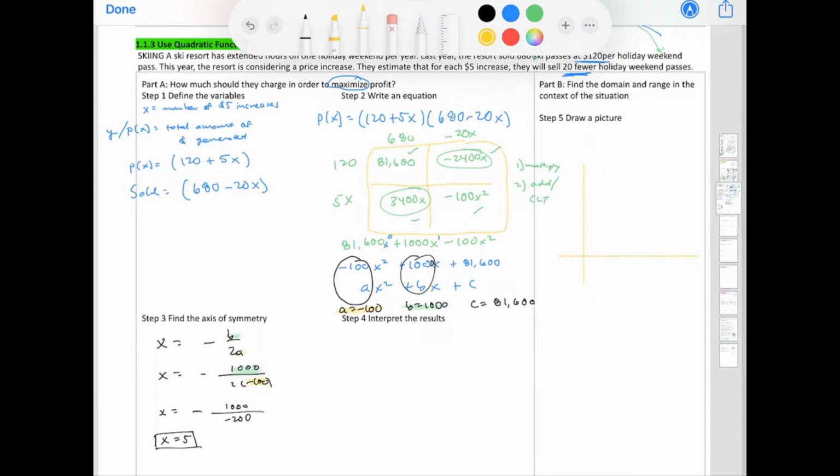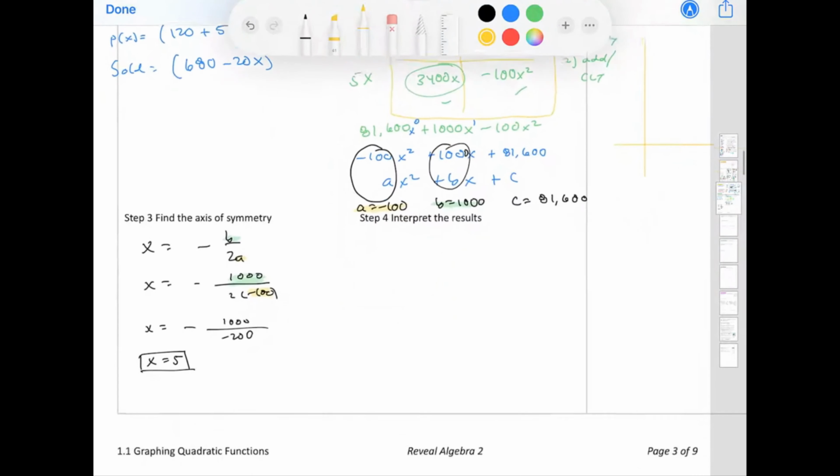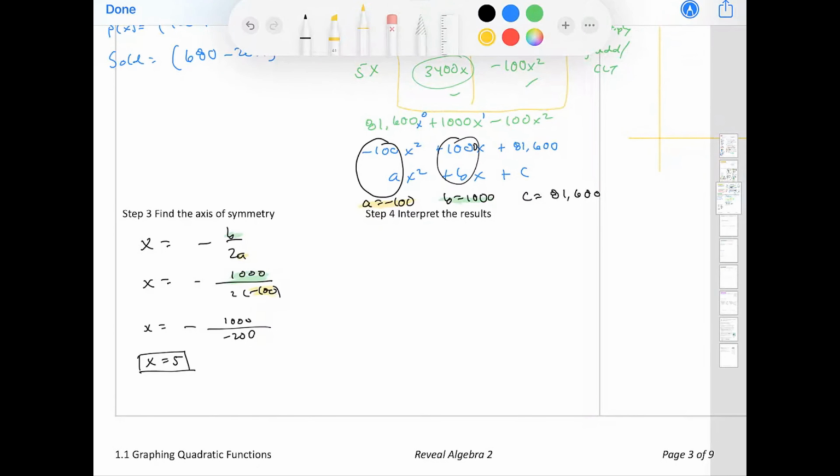I first want to get an ordered pair, so let's do the function notation of interpret the results. Just take your x value and put it back into the function. So that would be this one right here.